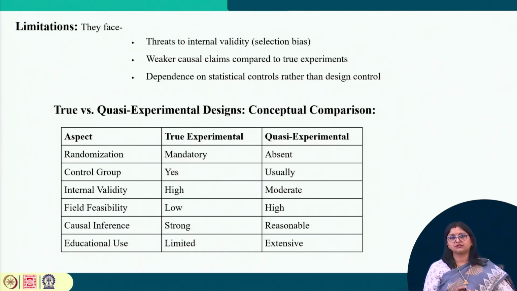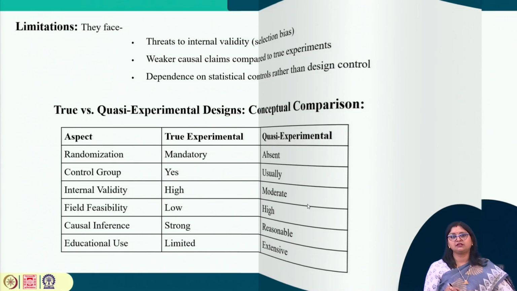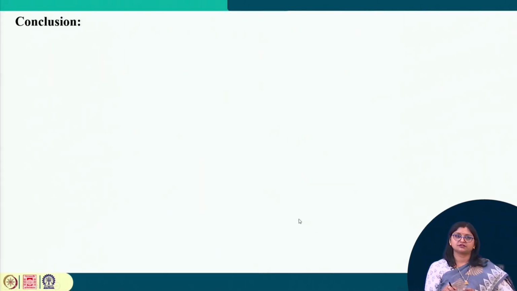Causal inference is strong in the true experimental and reasonably okay in quasi-experimental. Educational use is limited in true experimental research, whereas it is very extensively used in quasi-experimental research.